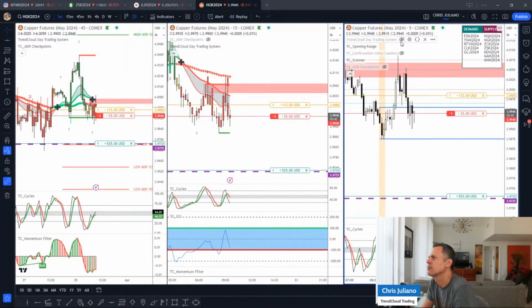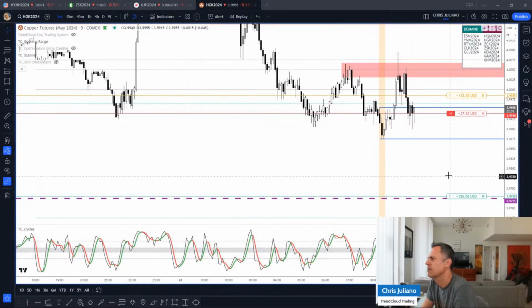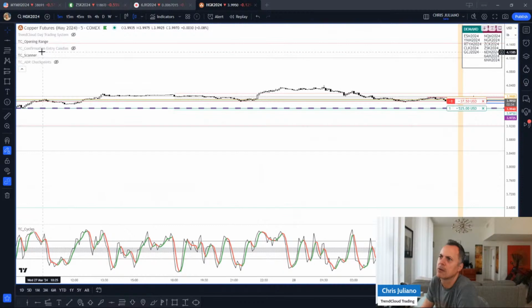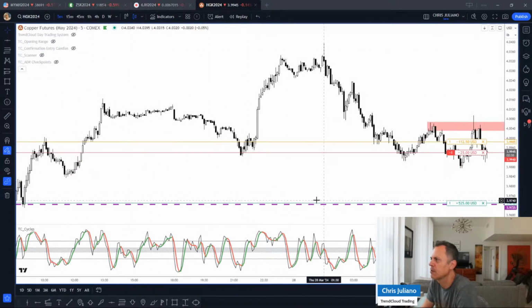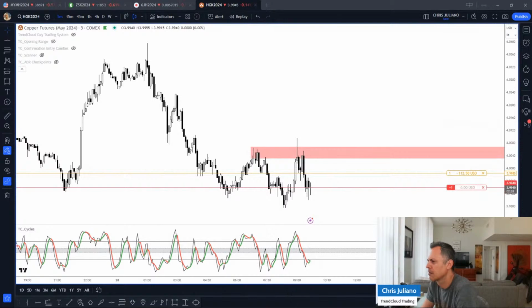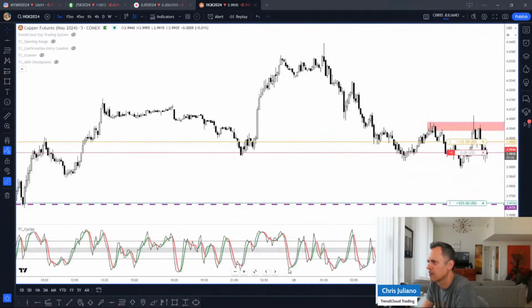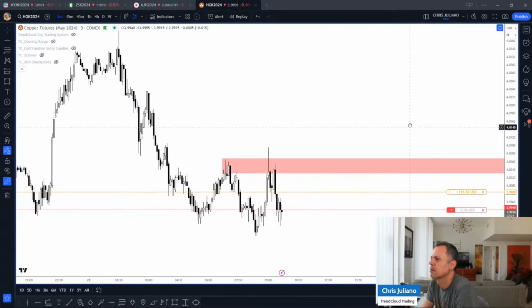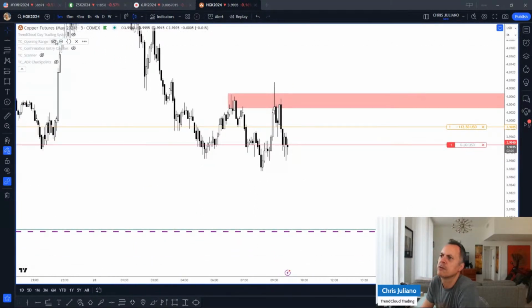Let's take TrendCloud off for a second. Whoops. Let's take everything off the chart and recalculate this. TrendCloud.